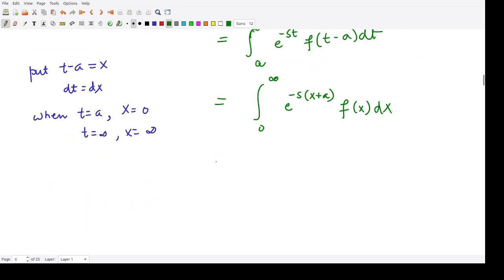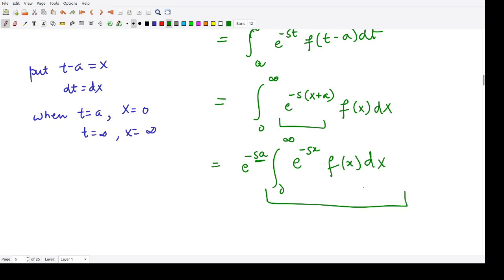So you could separate out these terms. It would be e to the power minus sa outside this integration. Why? Because this does not contain x, and we are performing this integration with respect to x. And what is this? This is nothing but the Laplace transform of f(x). Because by definition, the Laplace transform of f(t) is equal to the integration from 0 to infinity of e to the power minus st f(t) dt.